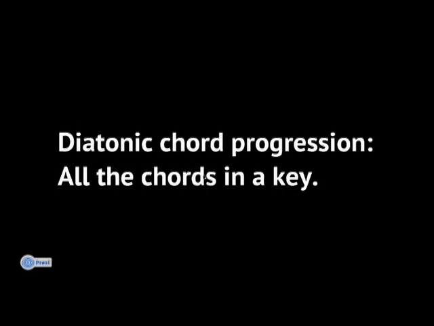By quality, I mean major, minor, or in one case, this other weird thing that we'll talk about in a minute, but mostly major or minor. So all the triads in the key of blank, whatever key we're working in.